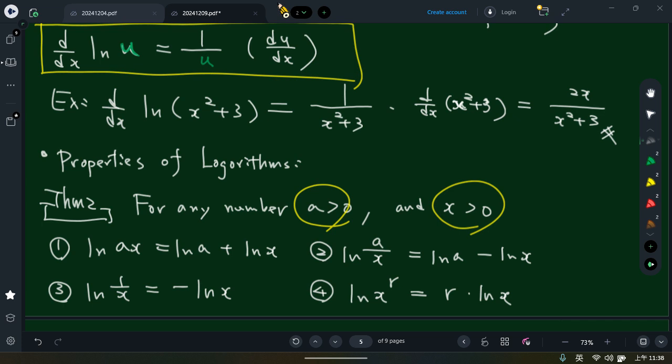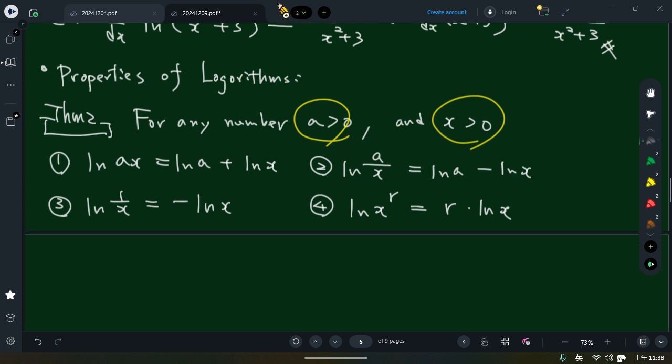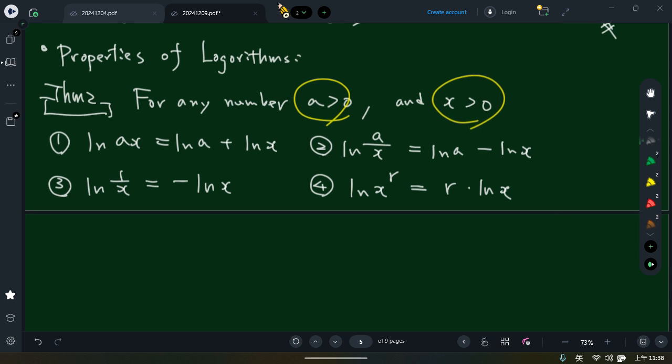Okay, so you can see these 4 properties. And I will just prove one for you.